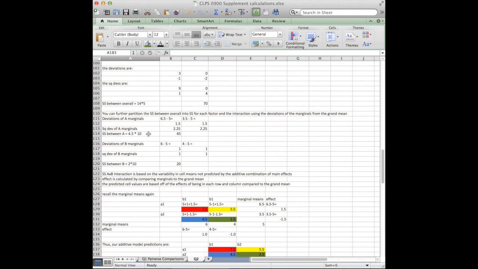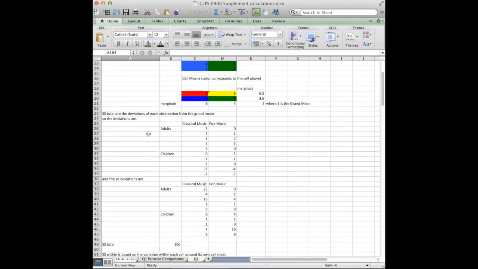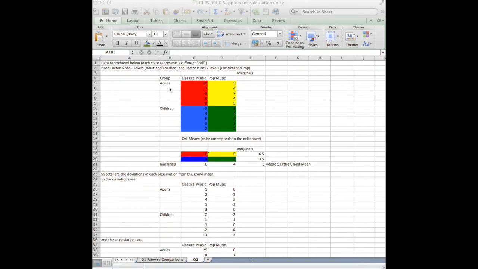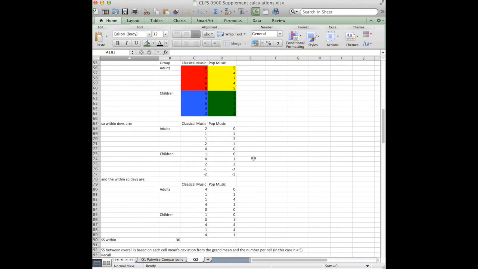So for factor A, that would be, I believe Professor Wright said, yeah, so factor A would be your rows here. So you had 2 marginals here.